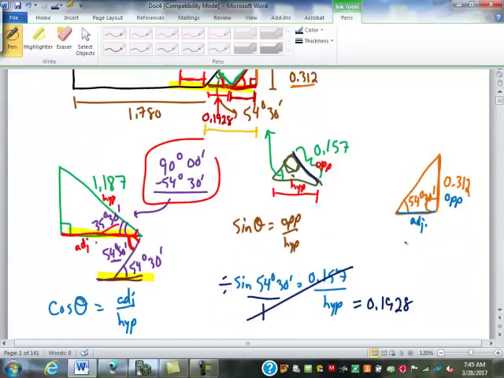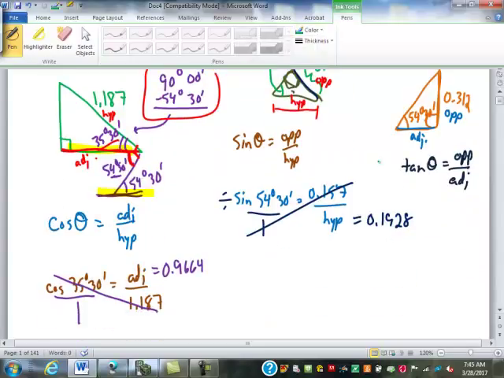So opposite and adjacent would be tangent. Tangent of an angle is equal to opposite over adjacent. I'm going to put in what I know. Tangent of 54 degrees, 30 minutes equals 0.312 over adjacent.